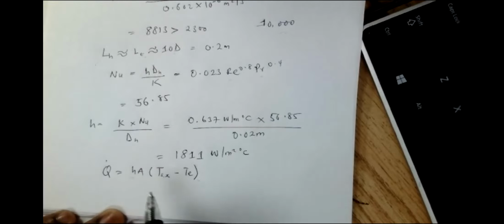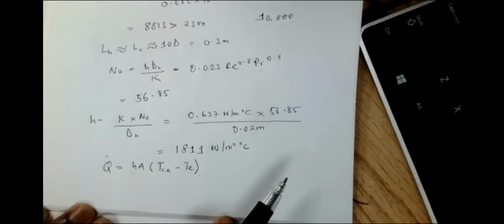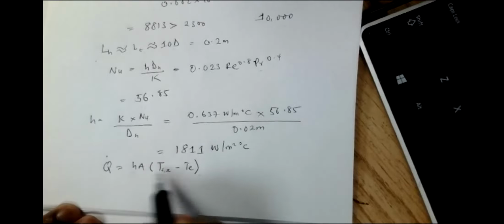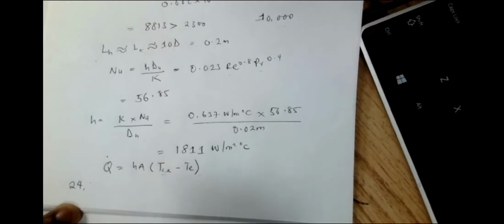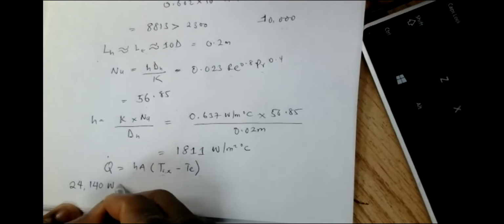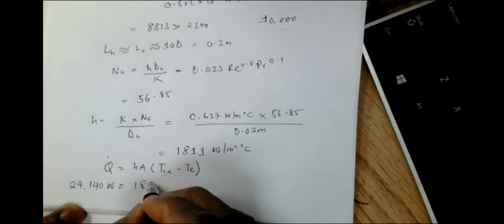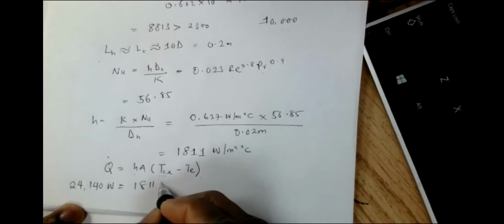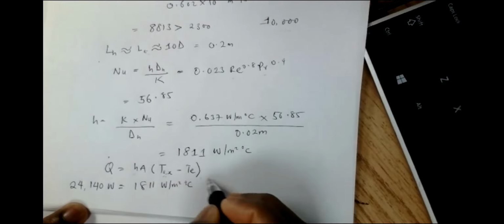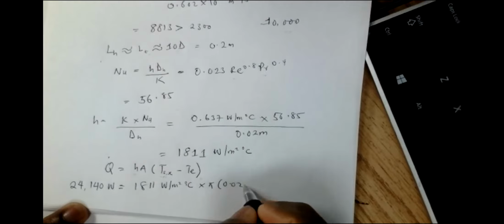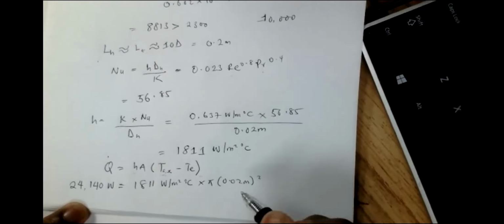We know what the area is, and we also know what the power is that is being delivered to our system. So we just equate this and pull this out, and then we can find our value. So that's 24,140 watts is equal to 1,811 times the area, degrees Celsius. So the area is pi multiplied, we already computed this earlier, but I'll just write it here again, 0.2 meters squared.